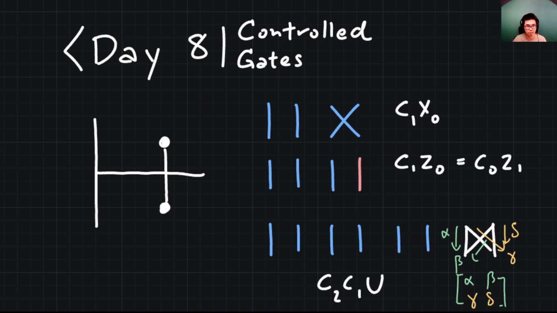Okay, so let's give the first introduction to the controlled gate. The first controlled gate you will learn is the controlled X gate, or C naught. The sigil diagram looks like this.